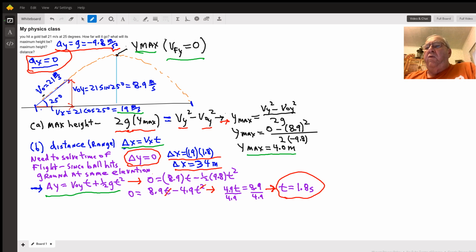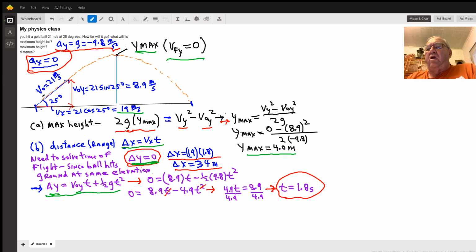So I know that my change in y displacement is equal to 0. Using this equation, your change in displacement is equal to your initial velocity times time plus 1/2 your acceleration times time squared.